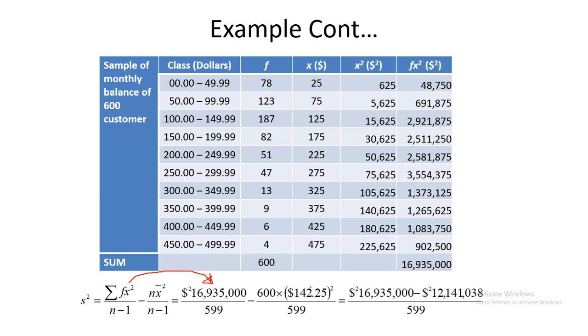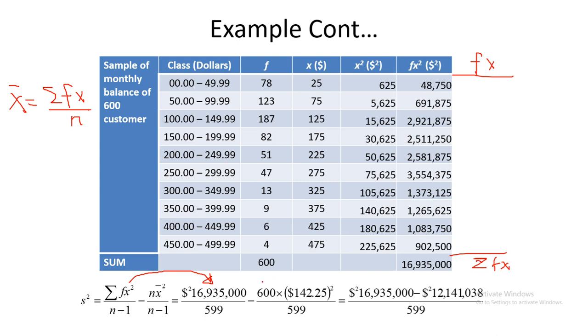x bar is already calculated. If you are calculating x bar here, then find f and x here as well. Then find another column. Get summation fx as well for x bar. So x bar is equal to summation fx divided by summation f. But we have done it before. In the previous lecture, we calculated the mean.